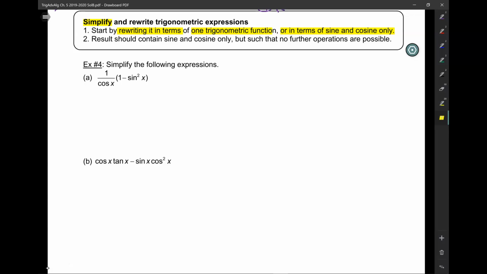So if you have tangent, cosecant, sine, put everything in terms of sine and cosine first. Then, what does it mean to simplify? The result should contain sine and cosine only, but such that no further operations are possible. So basically convert everything into sines and cosines. You're going to have to use the identities, but in different form.